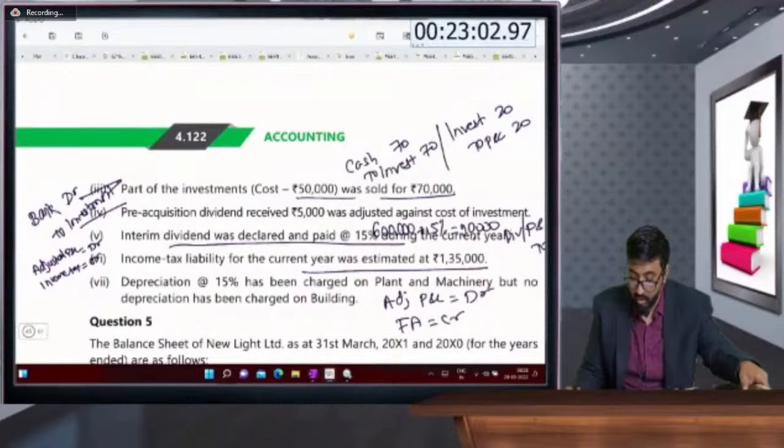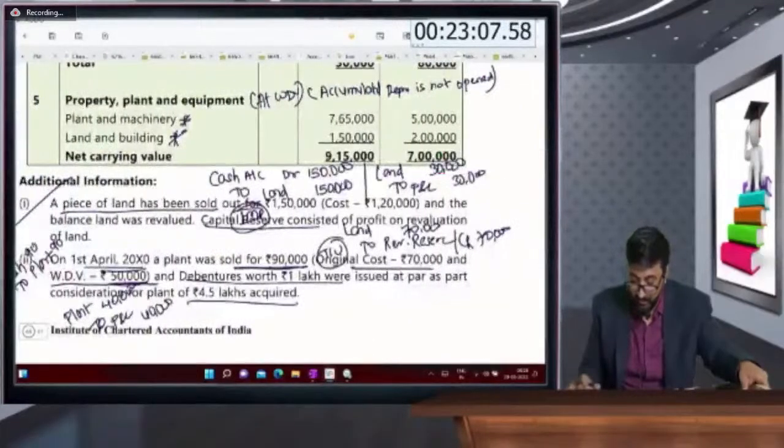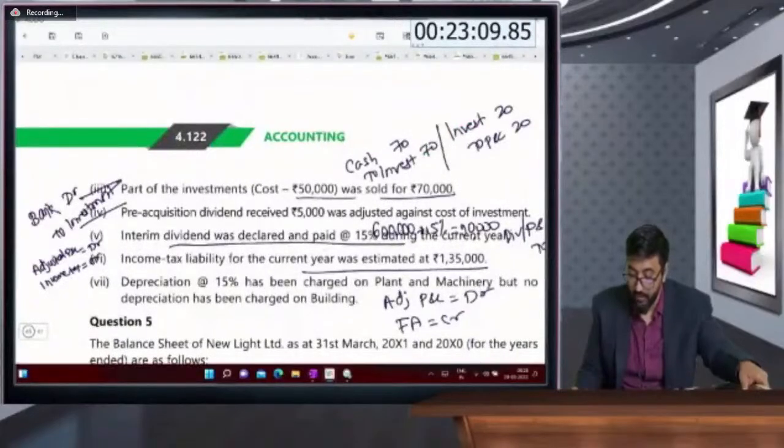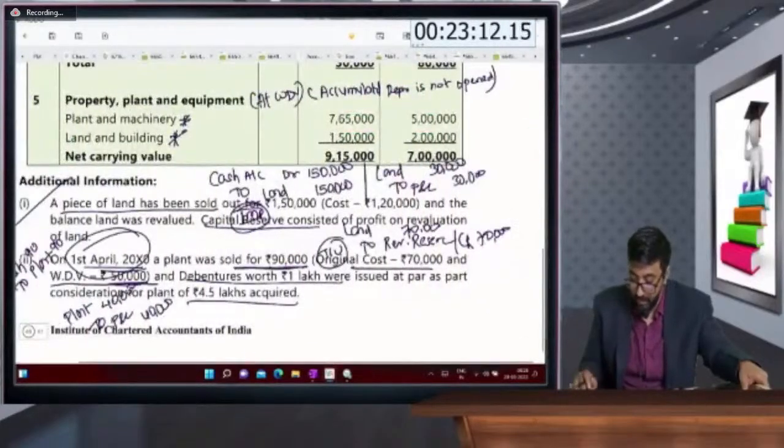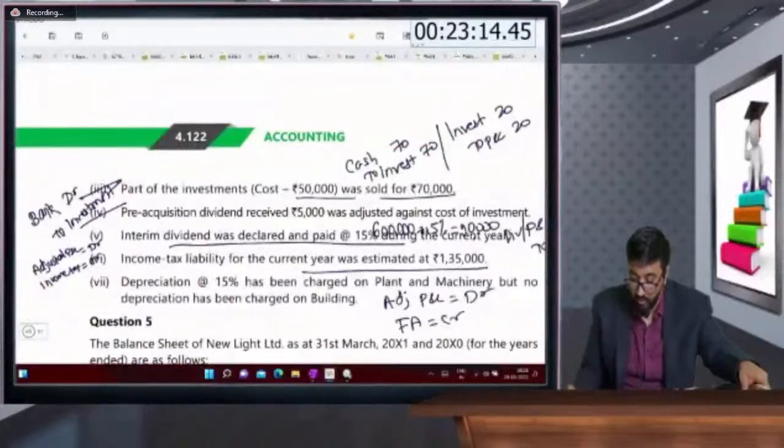Now interest on this we have to adjust, beta. That I will tell you later. Yes, interest on debentures, part of the investment, because this is acquired on the 1st April. That's why we have to calculate interest also.